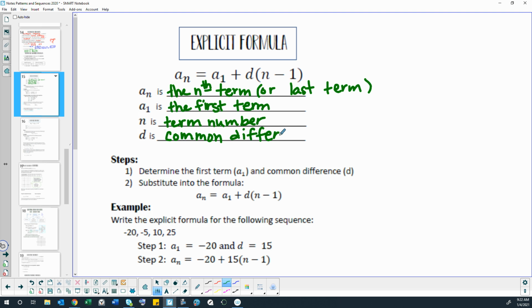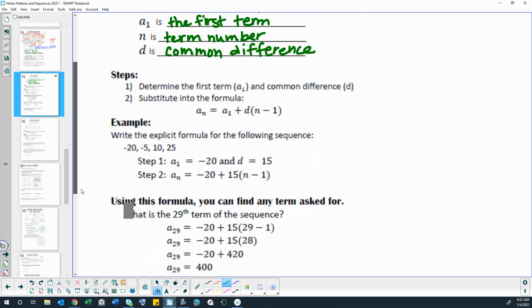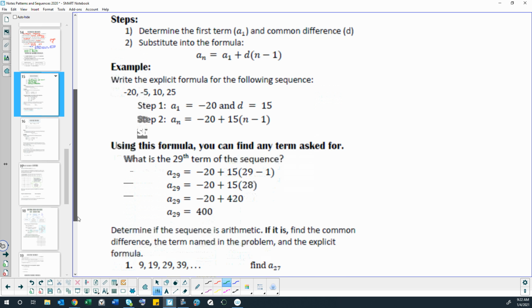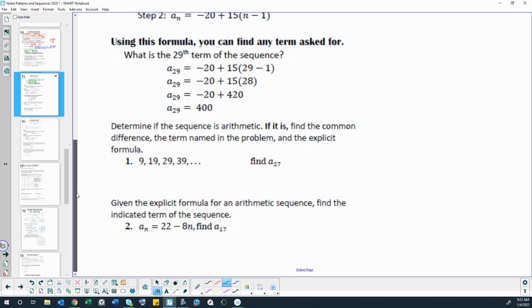So if you are personally interested in learning more math and want to look through these examples to find out about arithmetic sequences, you can, but we are going to skip this. We just basically learned the basics of what an arithmetic sequence is, and let's do this problem right here. This is pretty easy.